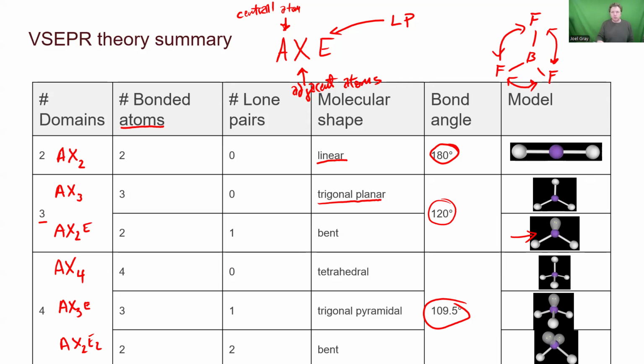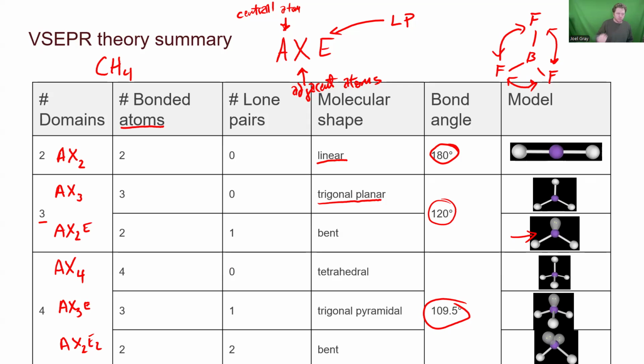So what I want you to do is I want you to know this table. Now, the questions that you should expect for this are, I could ask you, what's the molecular shape of CH4? I don't want to show my hand too much, but I'm going to say CH4. What's the shape of that? Well, you're going to have a couple of different options.